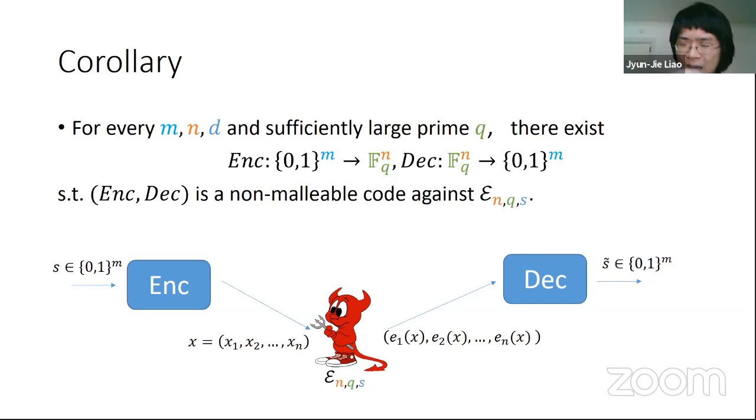I don't think we have a proper comparison between our non-malleable code and other non-malleable codes because the tampering functions we are considering are different. In some other tampering function families, such as the split state model, they can achieve constant rate non-malleable codes in the 2 split state model, but I think it's incomparable because the tampering functions are different.